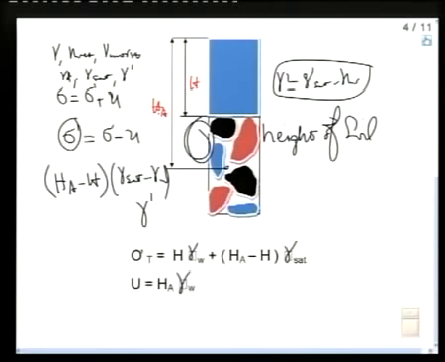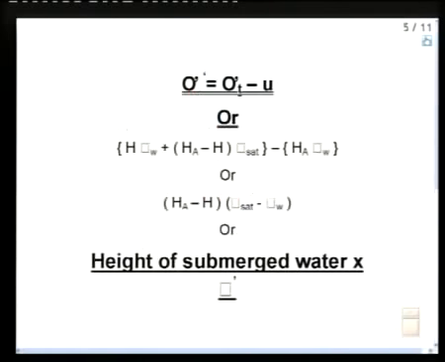So this is what I did here: sigma prime equals sigma total minus U, or H gamma water plus (HA minus H) gamma saturated minus HA gamma water. We ended up with (HA minus H) times (gamma saturated minus gamma water), or the height of submerged soil multiplied by gamma effective.